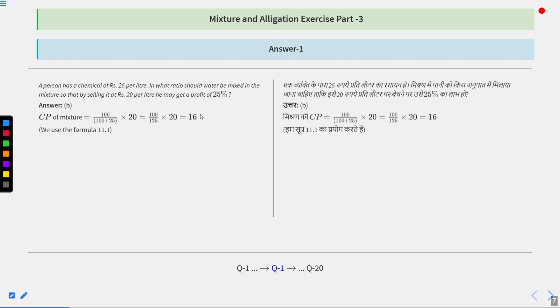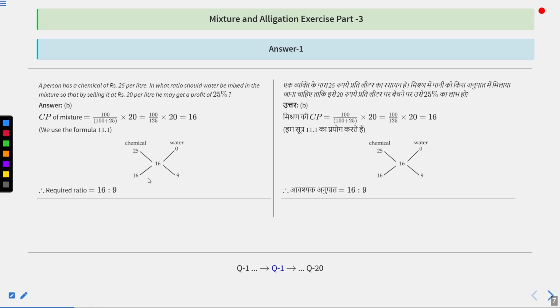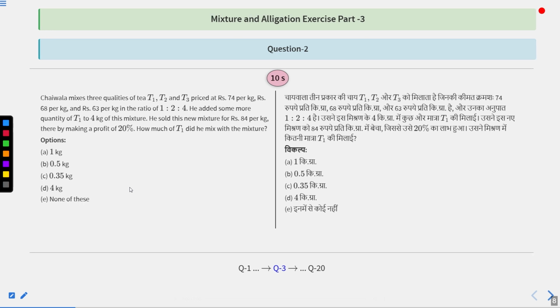Clear? Next. Now we can use formula 11.1, which is alligation based. The chemical is 25 rupees per liter, water is freely available, in mathematical terms zero, and the mixture cost price is 16 rupees. So the ratio will become 16 ratio 9.